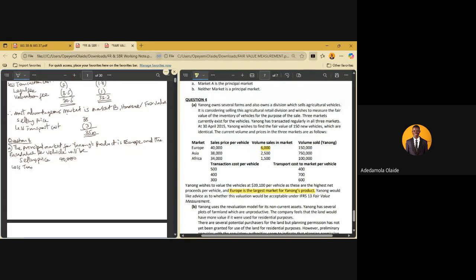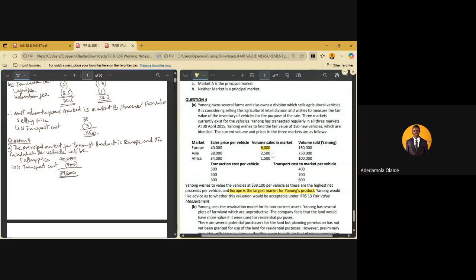Less transport cost. How much? 400. And that will give us how much? 39,600. That is the right market fair value per vehicle, 39,600.